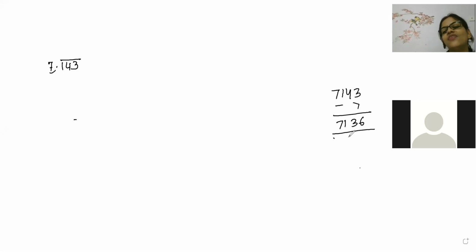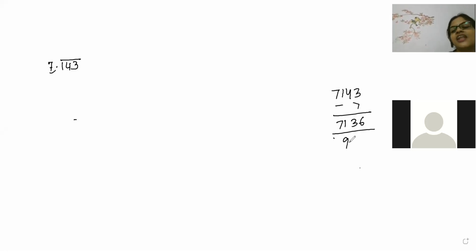Anyone? 3 digit is having bar. Check nicely. Keshav 7136 by 999. Okay, that means 7143 minus after before decimal 7 is there, so 7 minus, so 13 minus 7 will be 6. So correct answer is 7136.